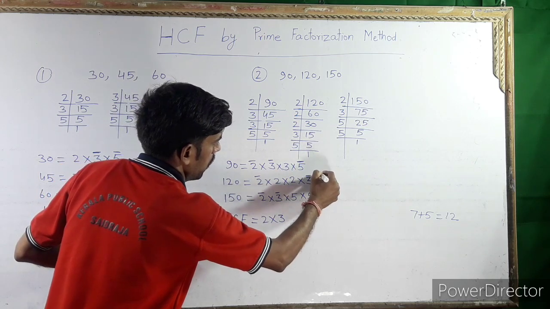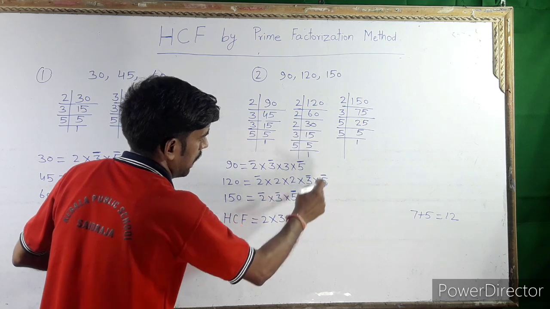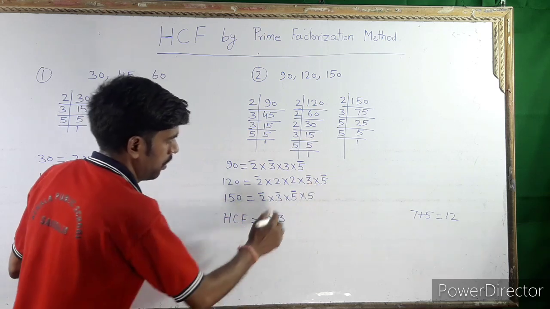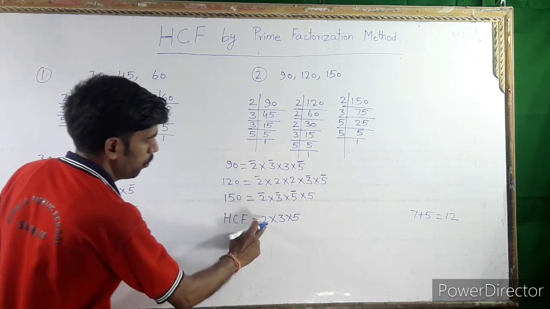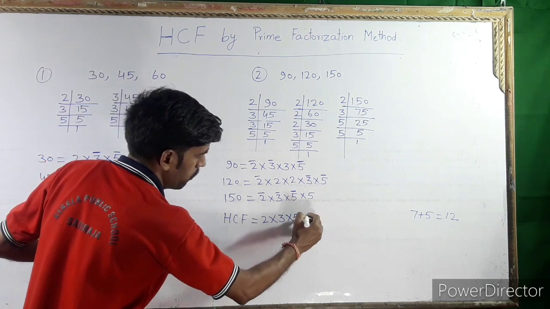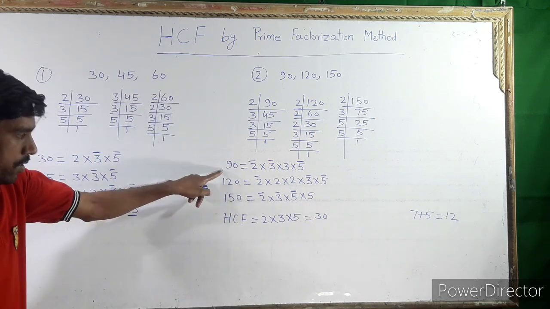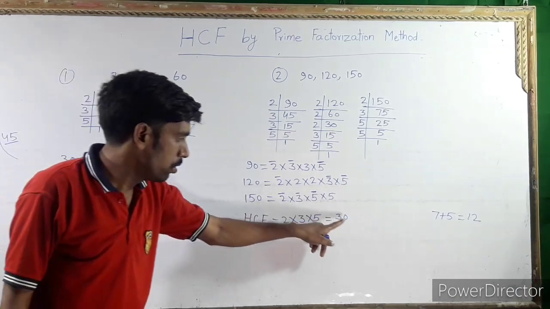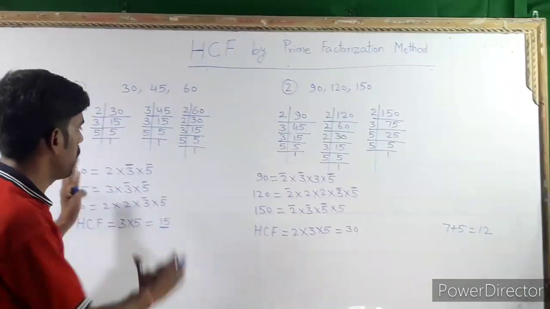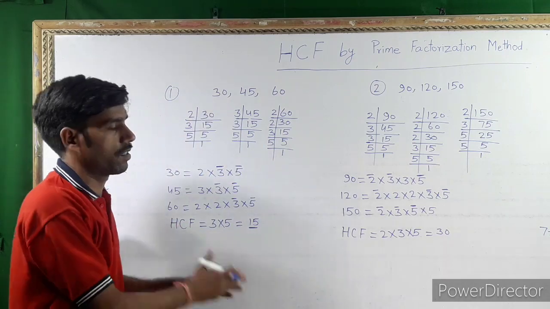Next 5 is also a common factor. First has 5 only, second has no 5. So 5. 2 threes are 6, 6 fives are 30. So HCF of 90, 120 and 150 is equal to 30. This way you can easily find the HCF by the prime factorization method.